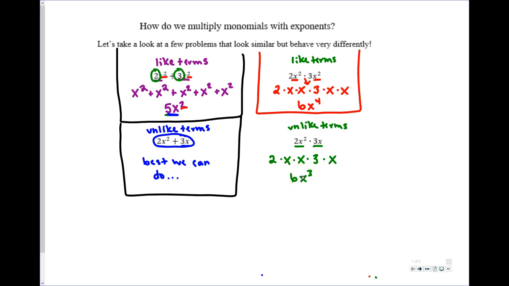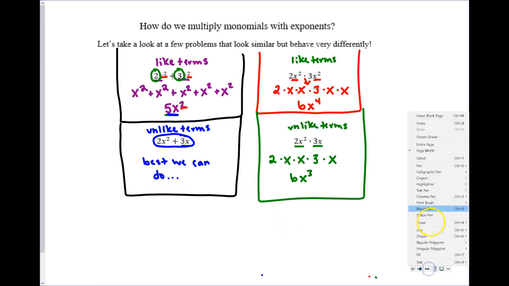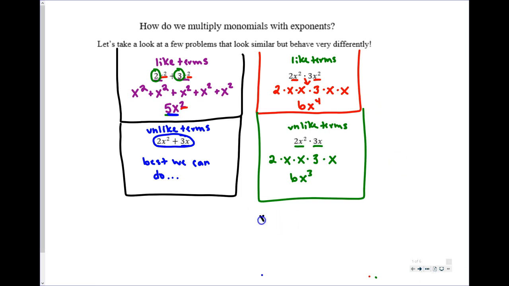So at the end of the day, something very interesting about multiplying things with exponents is that a general statement here is that multiplication is much more flexible. There's more math I can do with multiplication than addition.